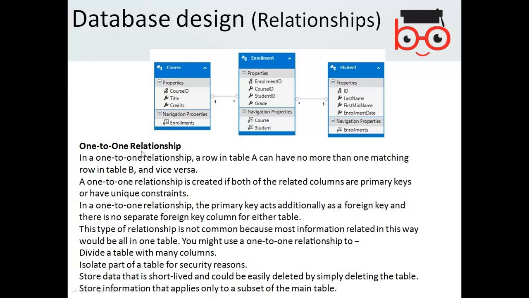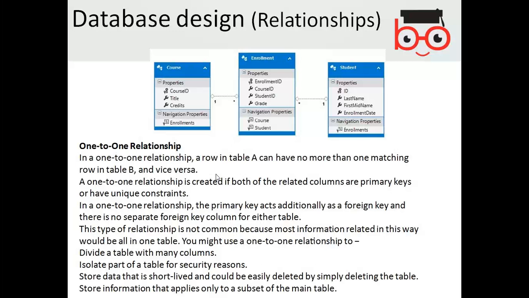One to one relationship. In a one to one relationship, a row in table A can have no more than one matching row in table B, and vice versa. Basically, it is a case where you do not have more than one association of one item to the other.